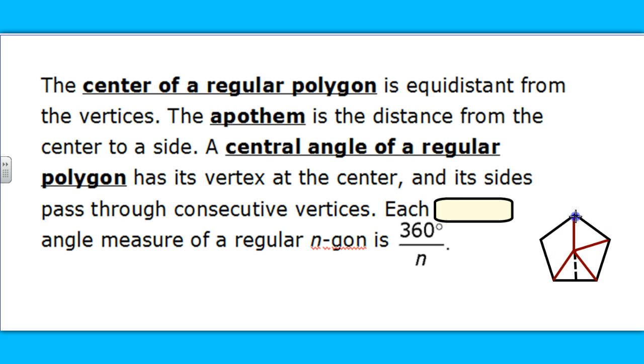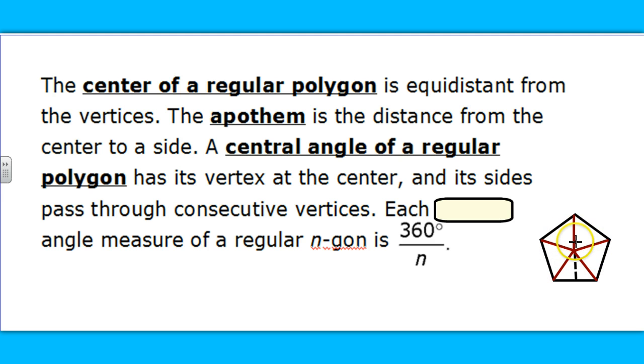And because this is a regular polygon, each of these angles formed should be congruent. And this is a 5-sided pentagon, so how many central angles do we have? We have 5, right? And one trip around the center of a polygon has the same number of degrees as you would find in a circle, right?